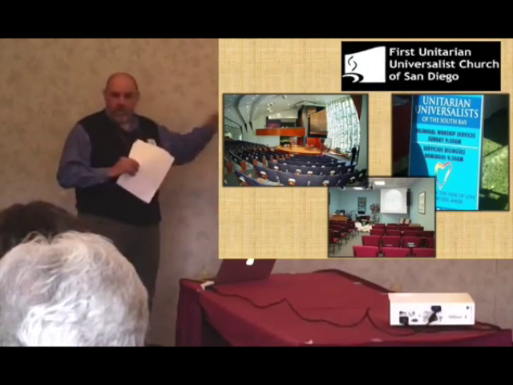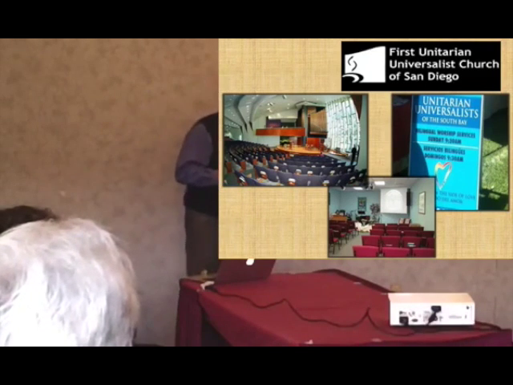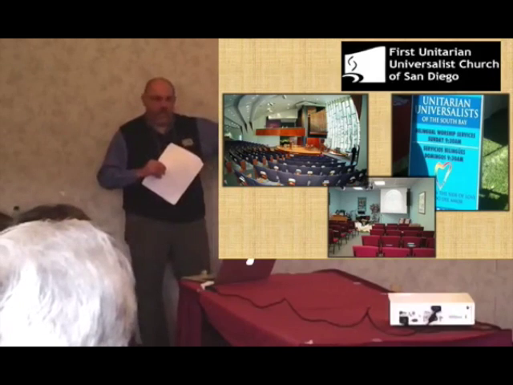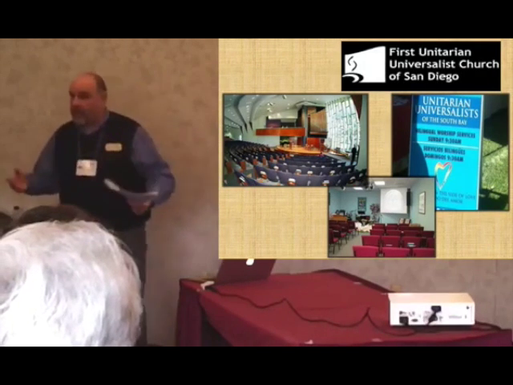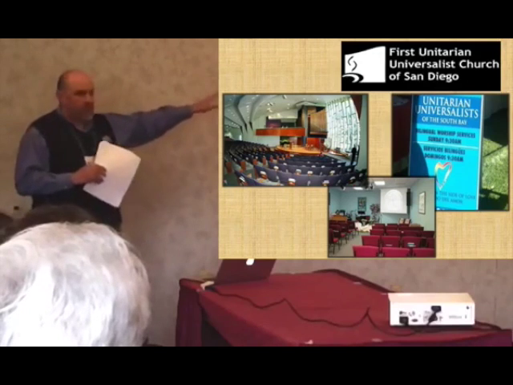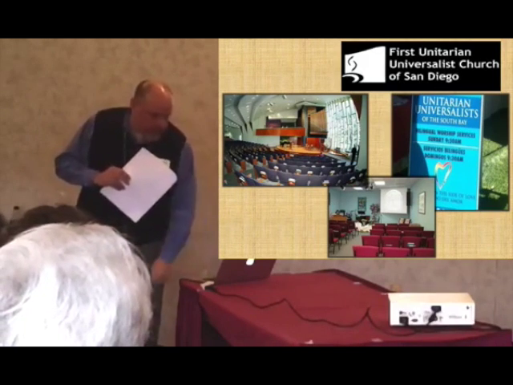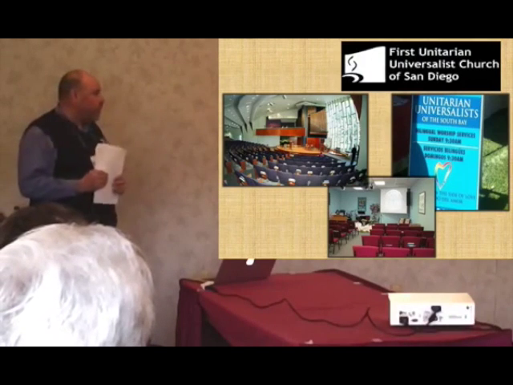The First Unitarian Universalist Church of San Diego has one campus in Chula Vista, called the Unitarian Universalists of the South Bay. It's a full-service congregation, but it's under the auspices of the First UU Church of San Diego. And Spanish-speaking. Yeah, multilingual services. But they have full services every week.